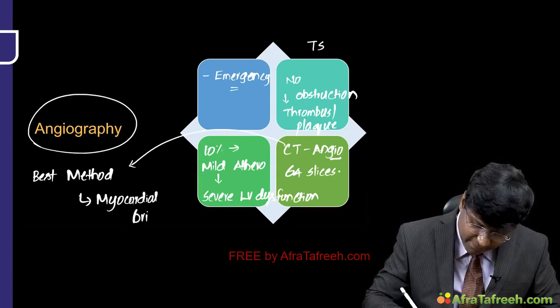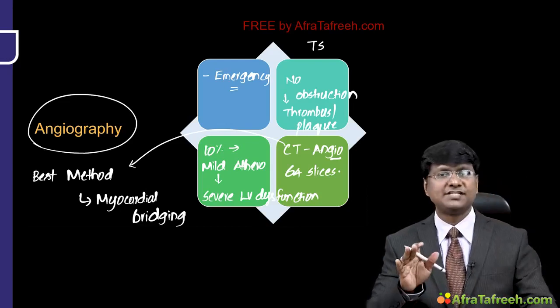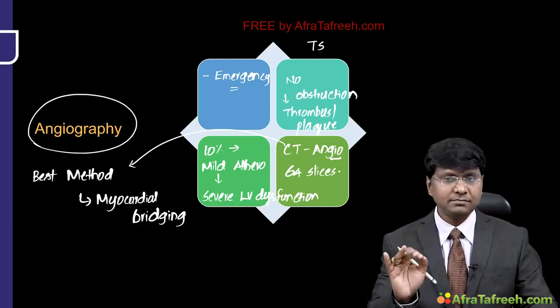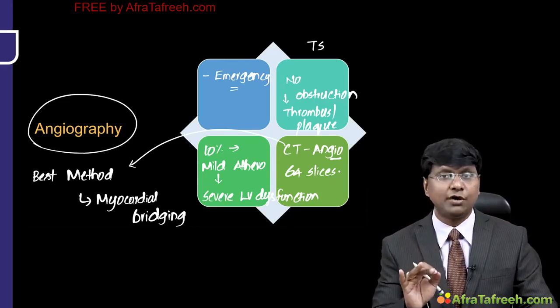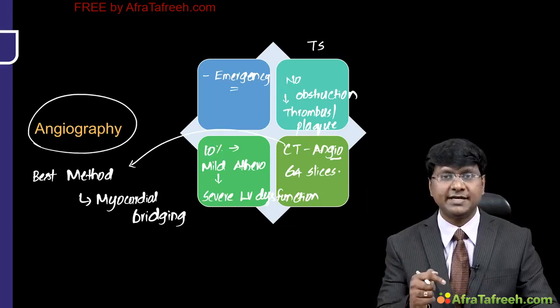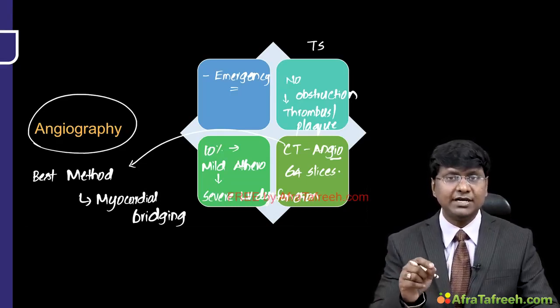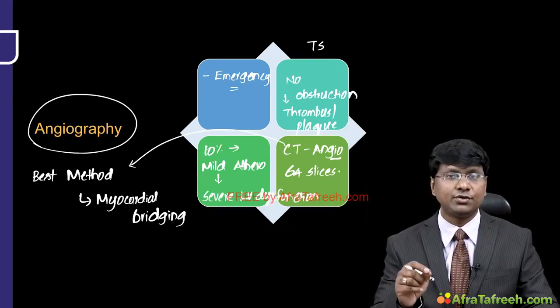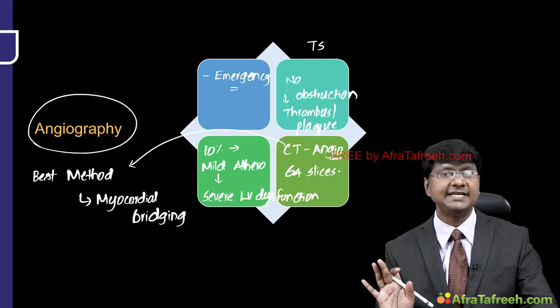Okay, this myocardial bridging, you will be able to appreciate particularly during the diastolic phase of the heart, whenever there is filling of the coronaries during diastole. If there is a myocardial bridging, you will observe that there is attenuation of the coronary artery during the diastolic phase, and that you can make out by the CT angiography.